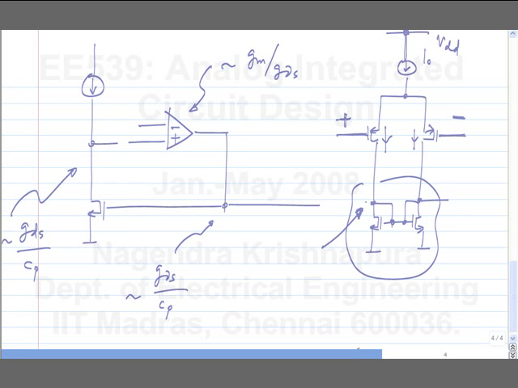But you are close to the solution. What you need to do is separate diodes, that's all. So all I need to do is this. This is also an amplifier.